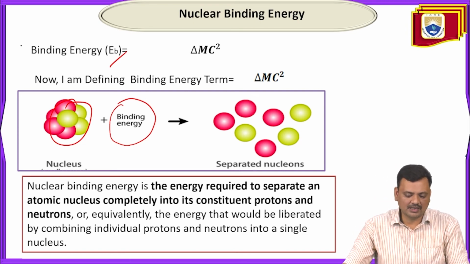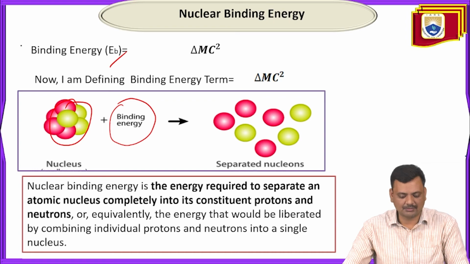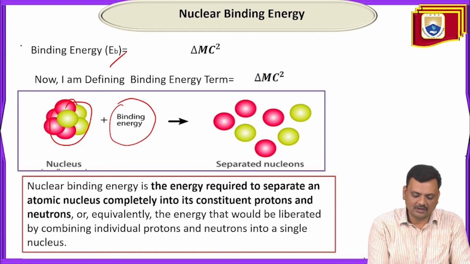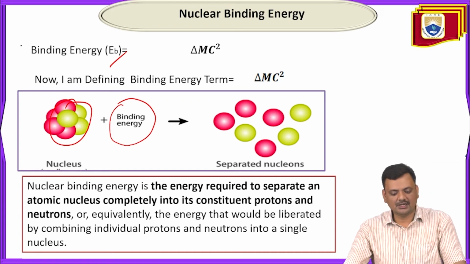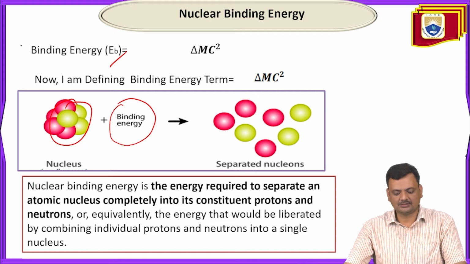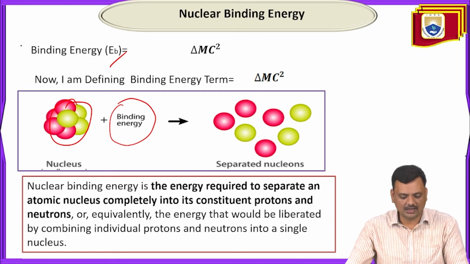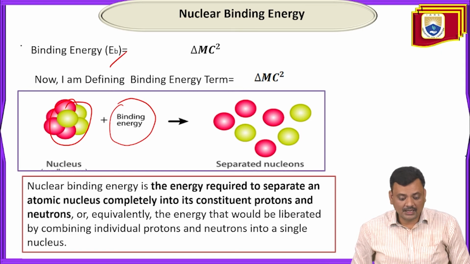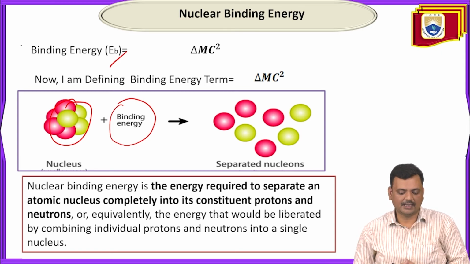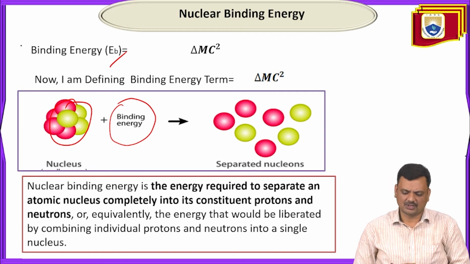So nuclear binding energy is the energy required to separate an atomic nucleus completely into its constituent protons and neutrons, or equivalently, the energy that would be liberated by combining individual protons and neutrons into a single nucleus.